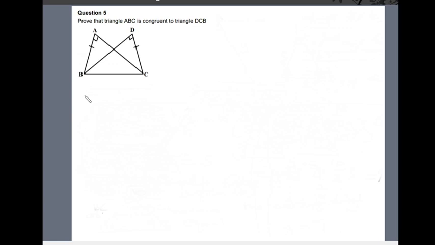So in triangle ABC and triangle DCB, we are given that AB is equal to DC, right? Reason: this is given.